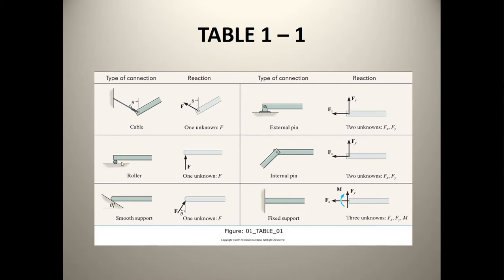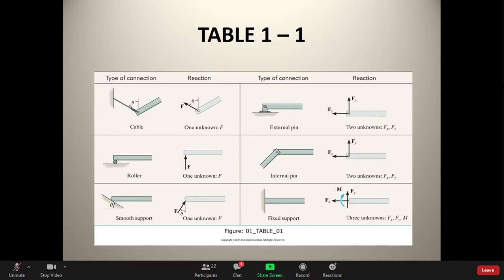For example, in this case, can I move my member in the X direction, which is this direction? I want an answer. With this support, can I move my member in the X direction? Yes or no? Yes, we can. So the only translation which is restricted is in the Y direction.